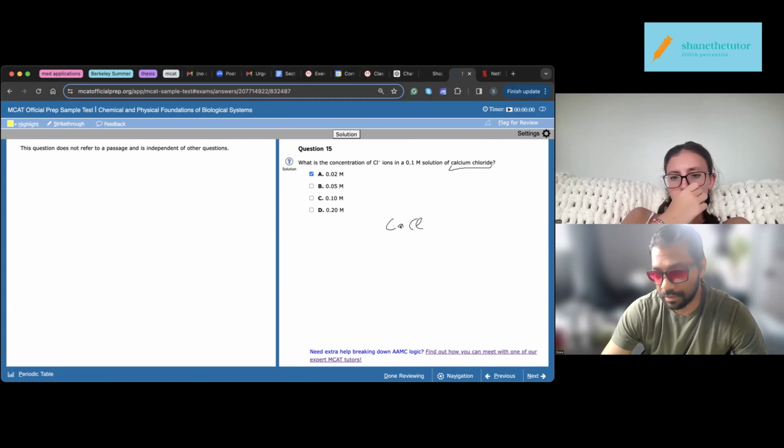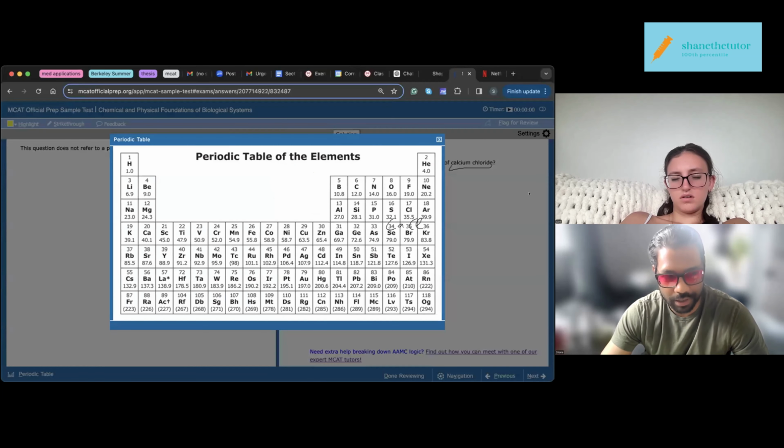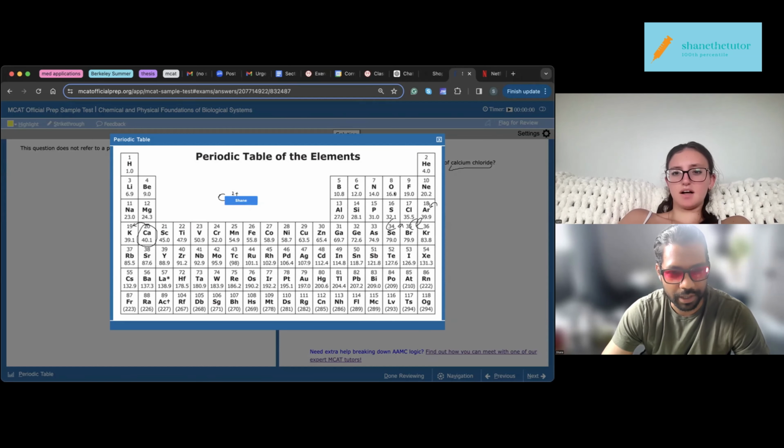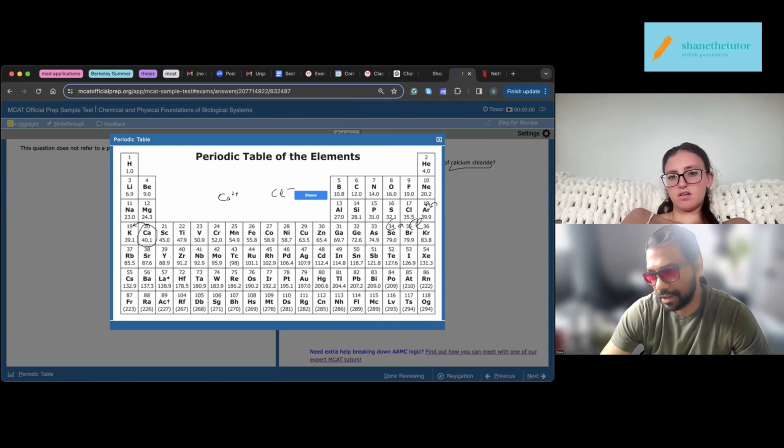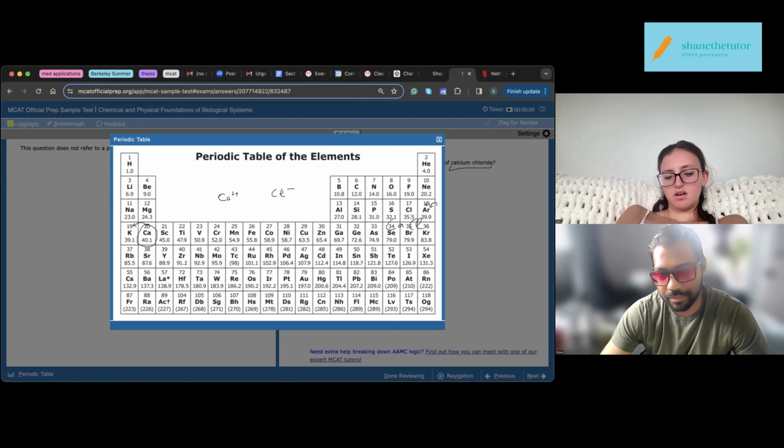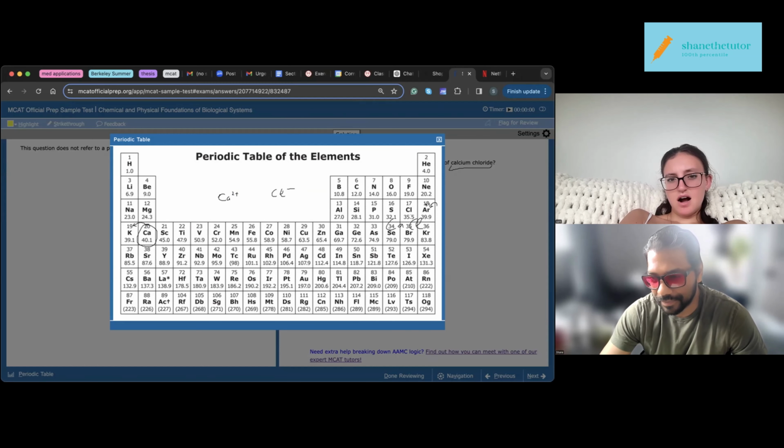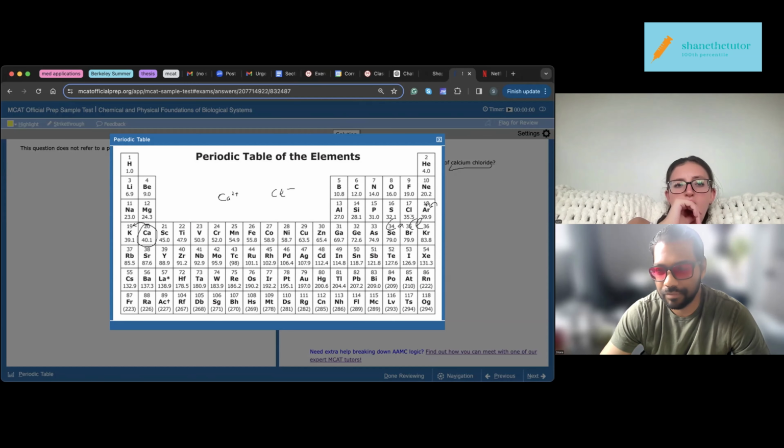But it can't be like that, right? If it exists as calcium chloride, you see calcium here, it goes 1, 2. So it turns into Ca2 plus. But Cl is -1. So calcium chloride can't just be CaCl, right?